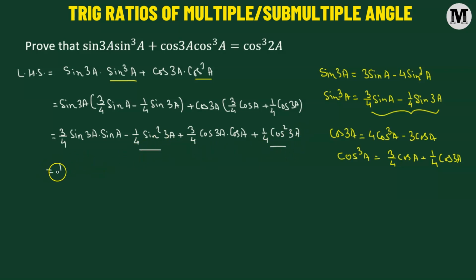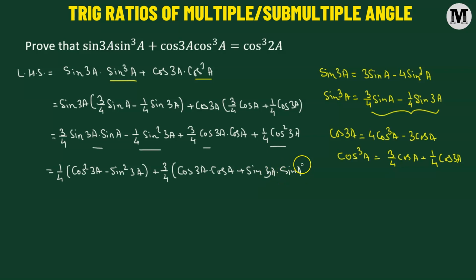So we have 1 over 4 multiplied to cosine squared 3a minus sine squared 3a. And then we're going to combine the first and the third term by taking 3 over 4 as the common factor. So that gets multiplied to cosine of 3a times cosine of angle a plus sine of angle 3a times sine of angle a. Fine.